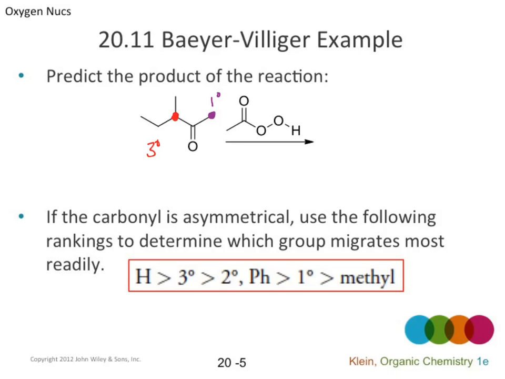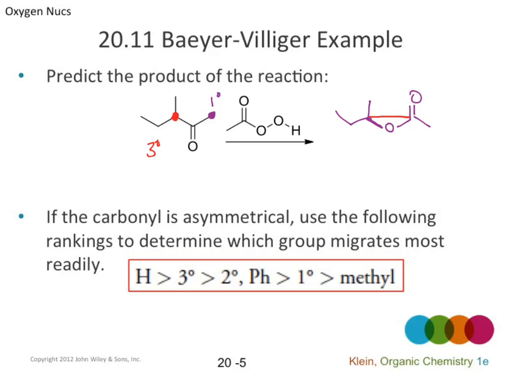Which one preferentially shifts? Our tertiary. So if we looked at our product, what we're looking at forming would be this ester. So what happened is we went from the red bond to now the purple bond.